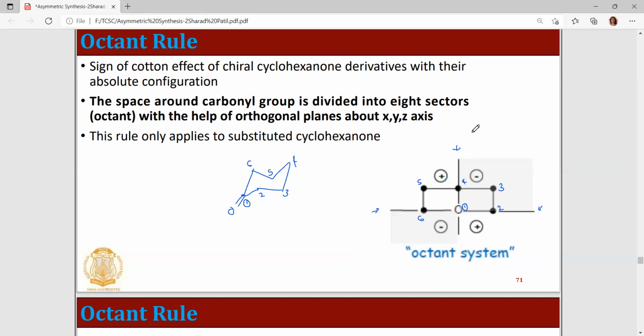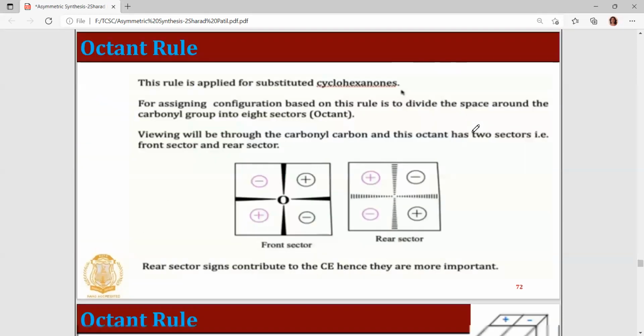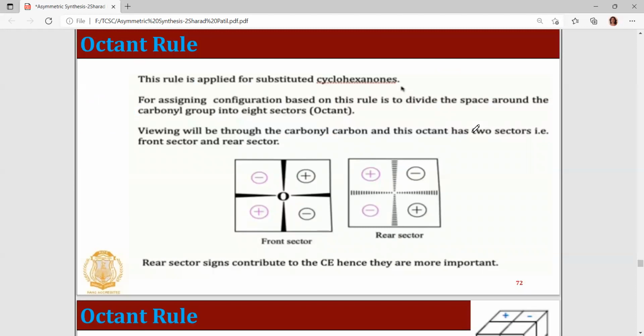We'll elaborate in the next slide how exactly it looks. The rule is applied for substituted cyclohexanone, for sure. To assign configuration based on this rule, we divide the space around the carbonyl group into 8 sectors called octants. These are the 4 squares.